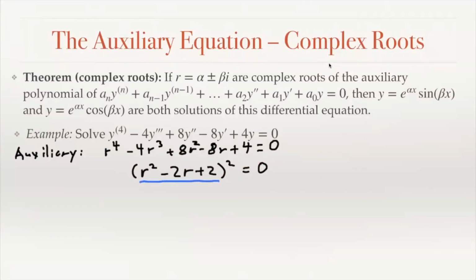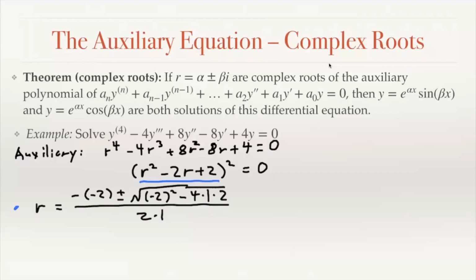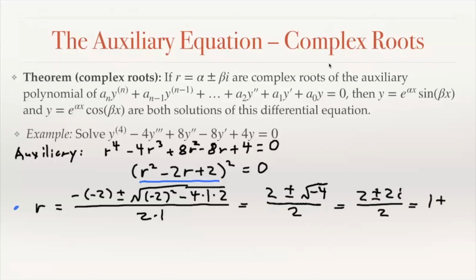And this part here, if we solve for r there, we get that r is negative negative 2 plus or minus the radical of negative 2 squared minus 4 times 1 times 2, all over 2a, which is that the square root of negative 4 is 2i. So we have 1 plus or minus i.